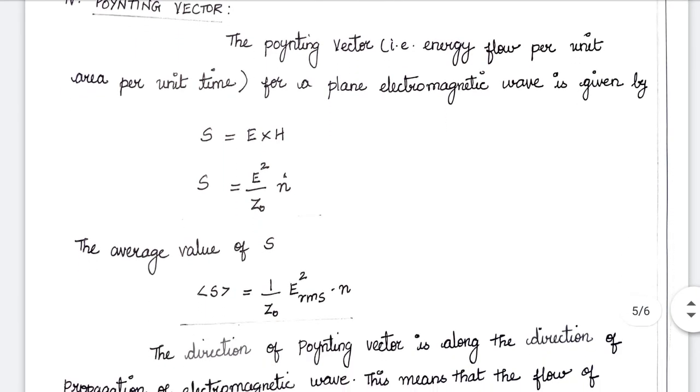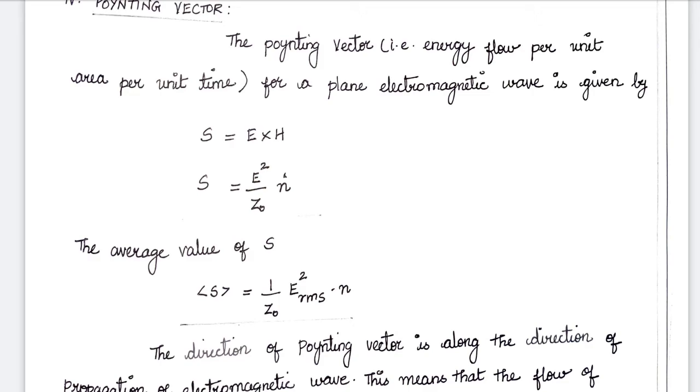Then the average value of S is computed as 1 by Z naught E square RMS into the unit vector. Here I have skipped the mathematical derivation of the average value of S, because this is beyond the exam point of view.